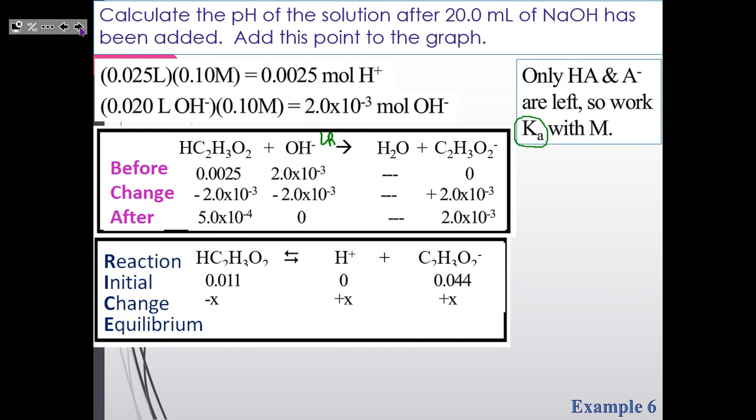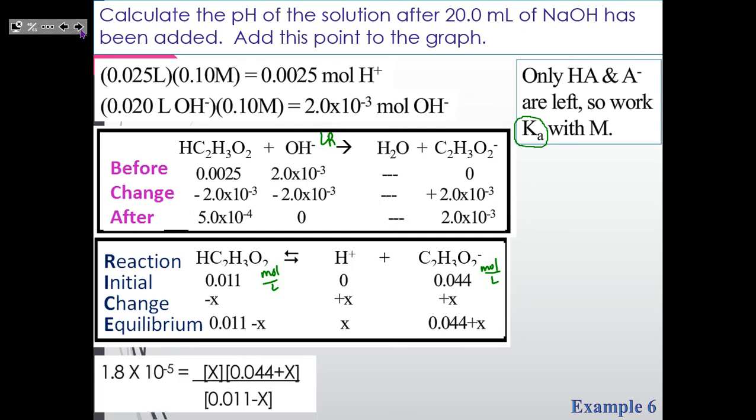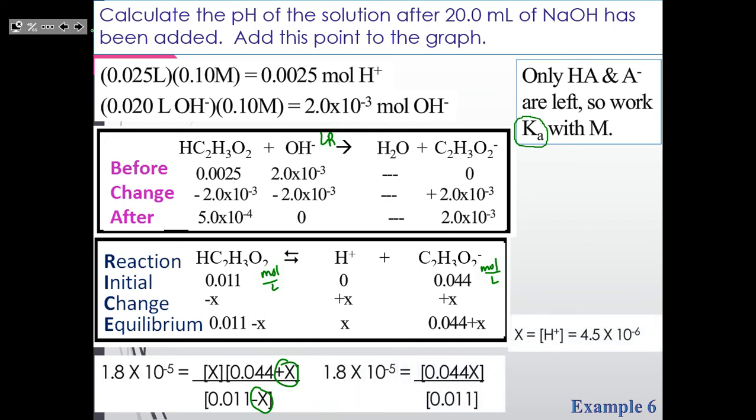Remember, this is concentration, which was moles per liter. Make sure you're keeping in account the total liters of solution. And then we can solve our equilibrium expression, taking out the negligible x's, cross-multiplying and dividing, which gives us the H plus concentration and the pH.